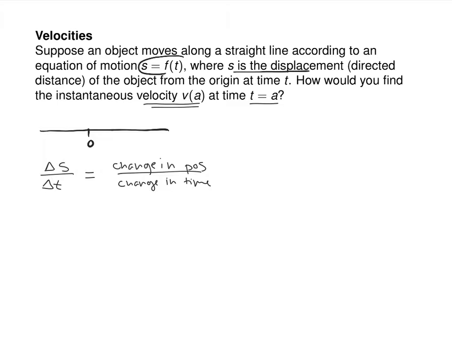Suppose you had time t equals a, and another time t2 equals a plus h, where h is some little bitty number. Your change in position is f of a plus h minus f of a, divided by change in time, a plus h minus a.